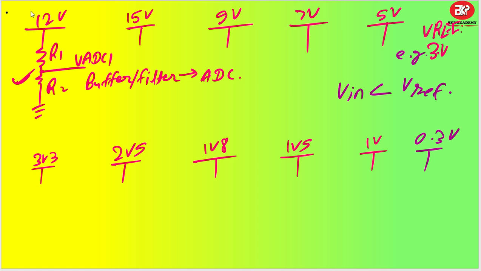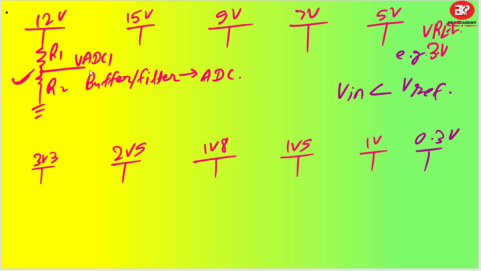Now let us say we have to connect 12 volt to the ADC pin. I am going to put a resistor division R1 and R2 such that my VADC1 node is lesser than V reference. That is the only thing you have to understand.